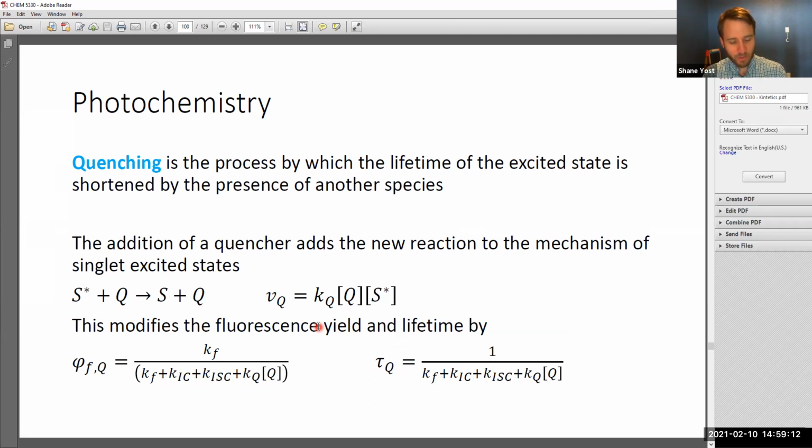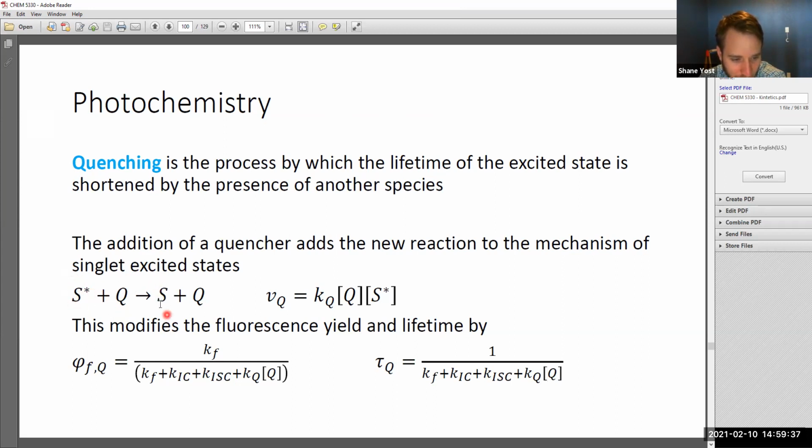And so what is quenching? How does it work? The idea behind quenching is that you have some excited state in your molecule, and along comes some molecule that we're going to call the quencher, Q, that sucks out that excited state energy. It quenches the excited state, like a flame.